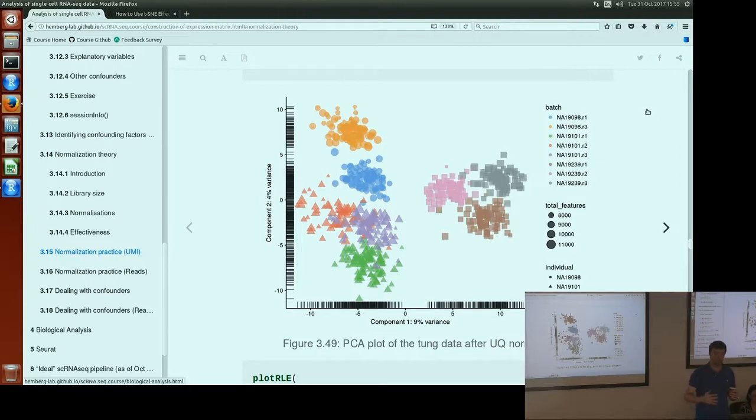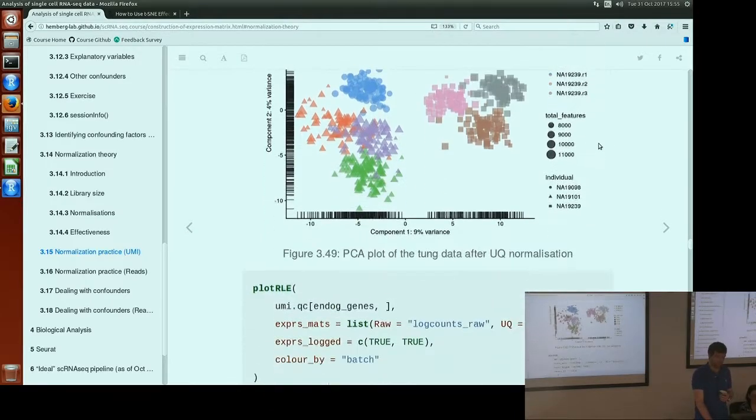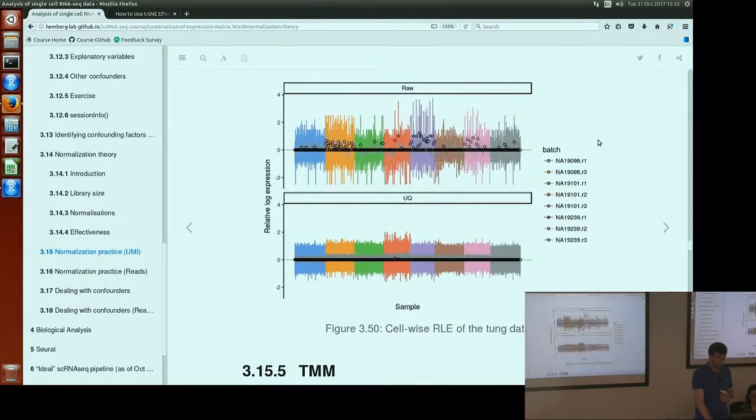So overall, I'd say this gives a very similar picture to the CPM and RLE methods that we've previously seen. If we were trying to be really nitpicky, I'd say this looks slightly worse, but we're getting very much a similar picture.